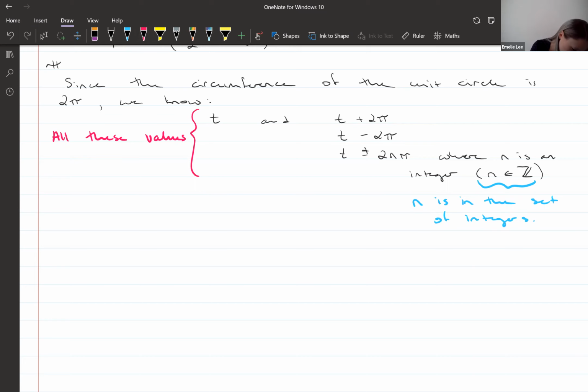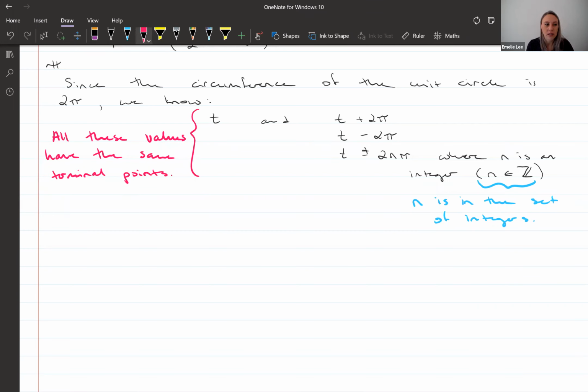So all these values have the same terminal points. Okay.